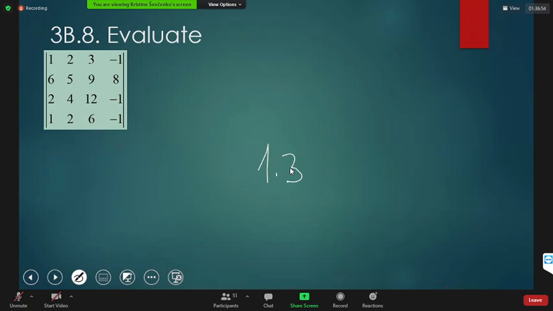So basically, for a 4x4 determinant, the best option would be make 3 zeros in 1 row or 3 zeros in 1 column, wherever you can. Even 2 zeros would be good. It would still make things easier for us.